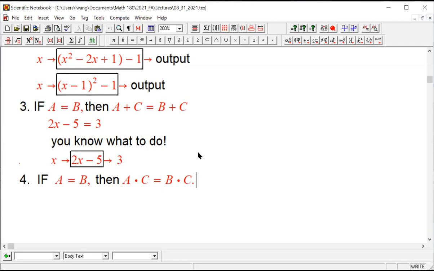No. What did I miss? You missed where it says C does not equal 0. Excellent. Thank you.